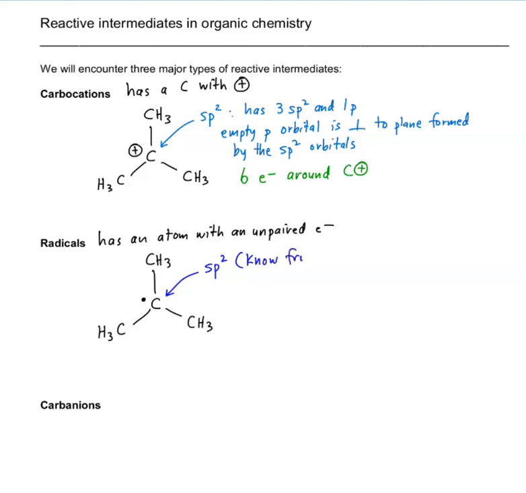So this one we know from experiment. The p orbital contains that single electron. And then again, if we were to count the electrons around the carbon with the unpaired electron, we'd come up with 7.